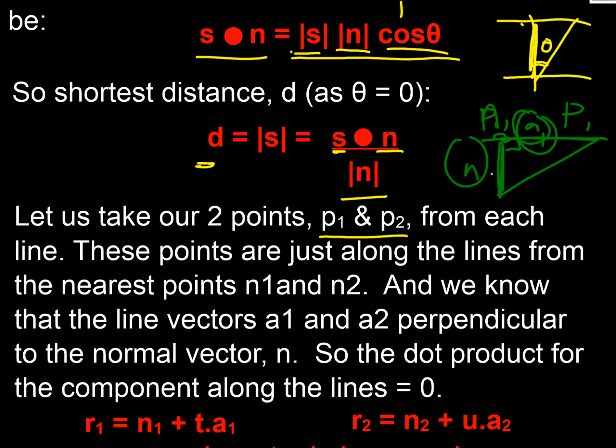The same thing would be true if I was looking at N2, P2, and A2: those dot products are always 0. So it doesn't matter if I do these calculations from point P1 rather than N1, because when I do the dot product, this bit becomes irrelevant.